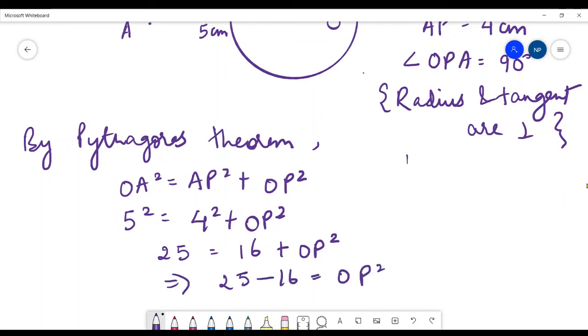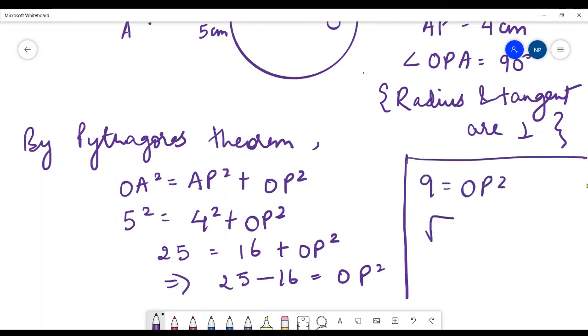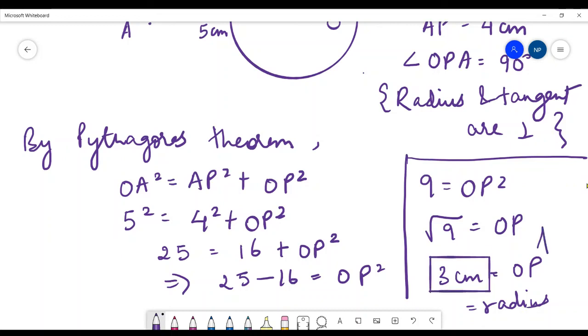So what do we get from here? We get 9 is equal to OP square. Under root of 9 is equal to OP, which gives us the radius, 3 centimeter is equal to OP, which is the radius. So this is your answer. 3 centimeter is your answer.